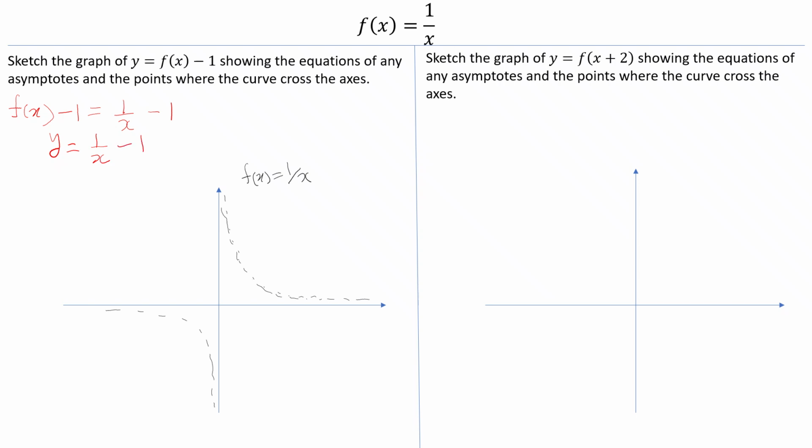If y equal to 0, 0 equals 1 over x minus 1. So 1 equals 1 over x. So x equals 1. So here y is 0, x equals 1.